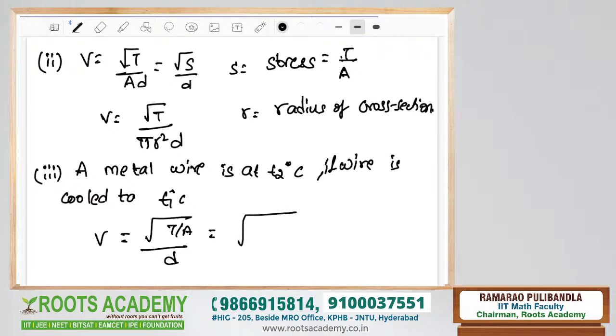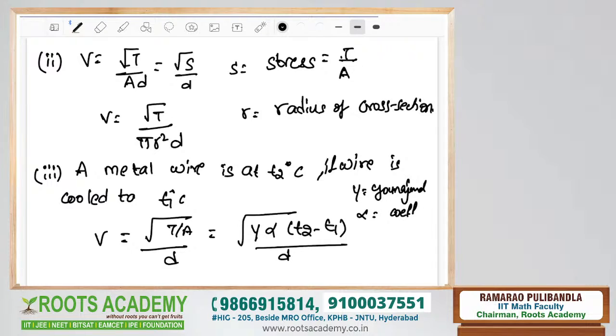That is nothing but Y into alpha into the difference of the temperatures, T2 minus T1, divided by d, where Y is equal to Young's modulus, alpha is the coefficient of linear expansion, and d is the density.